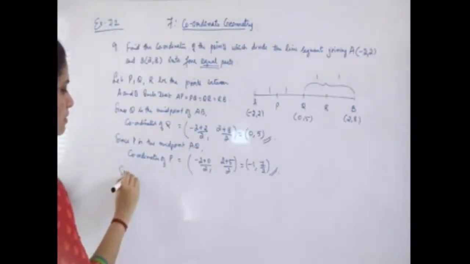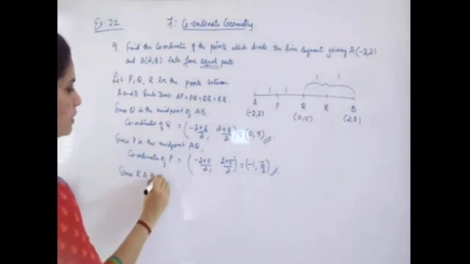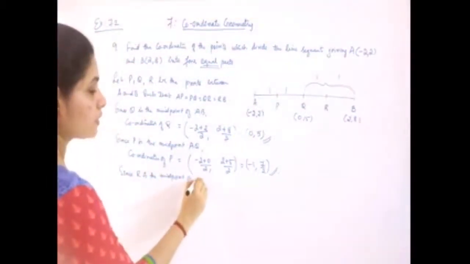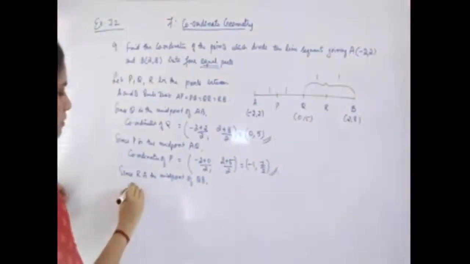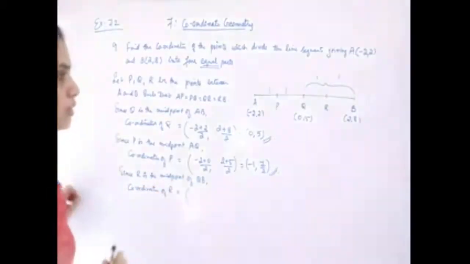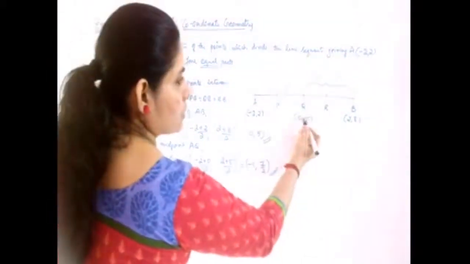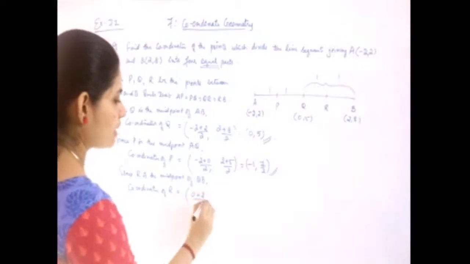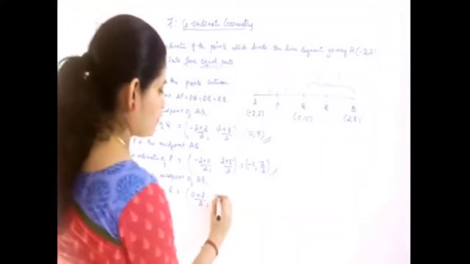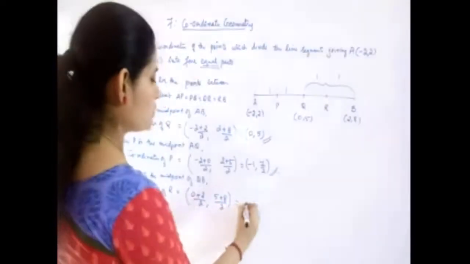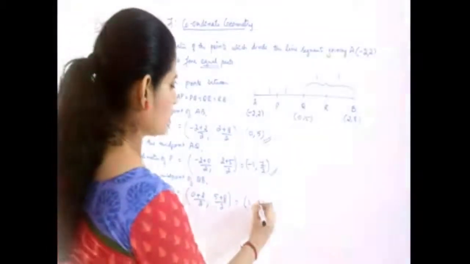Since R is the midpoint of QB, the coordinates of R are (0 + 2)/2, (5 + 8)/2, that is 2/2, which is 1, and 13/2.